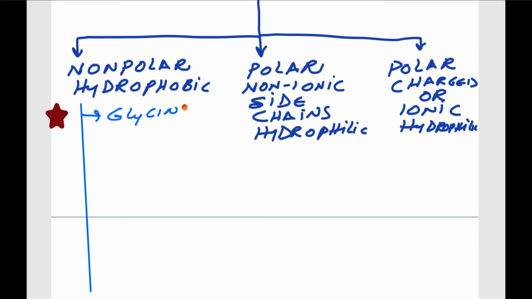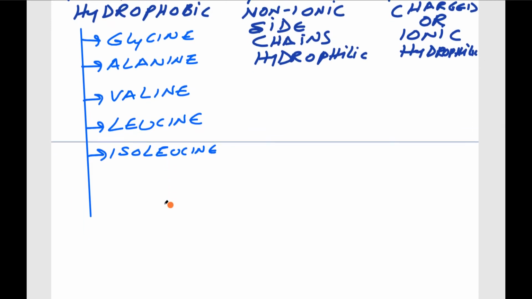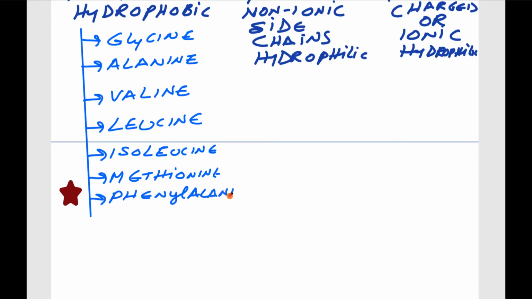The first one is glycine, then alanine, then valine, then leucine, isoleucine, then methionine, sulfur containing amino acid, then aromatic amino acids, phenylalanine, then tryptophan, then the next one is proline.